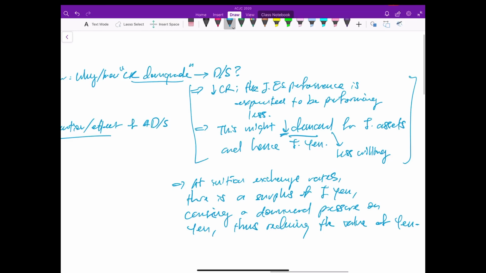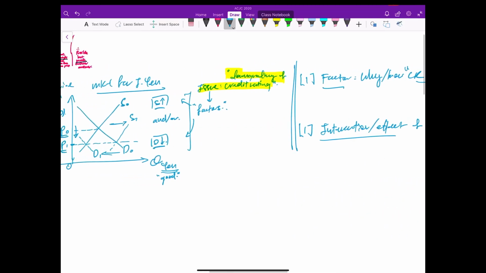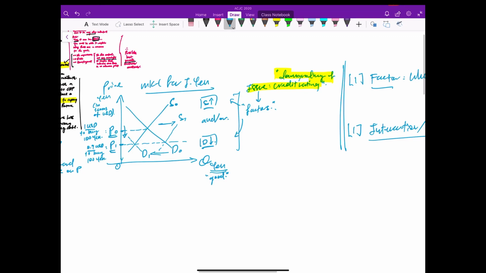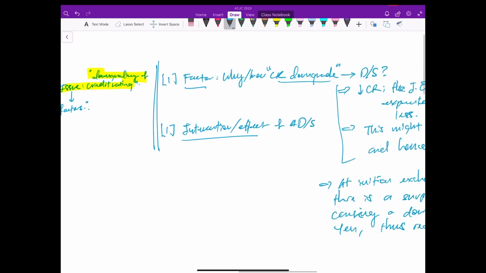Okay, so this is a very quick price adjustment process at the initial exchange rate. Back in the graph, you see that here at your initial P naught. If your demand has shifted left, then there is a surplus, and the surplus will cause a downward pressure on the exchange rate, which is why we see the value of the yen falling from P naught, and it falls until the surplus is eliminated.